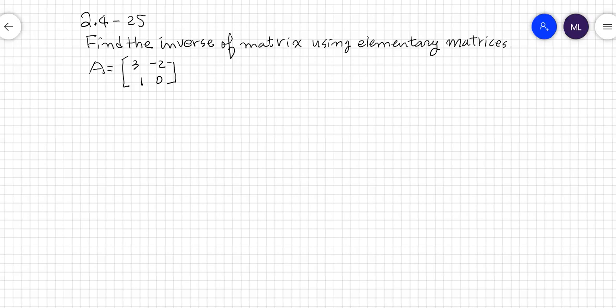This is section 2.4, exercise 25. Find the inverse of the matrix using elementary matrices.